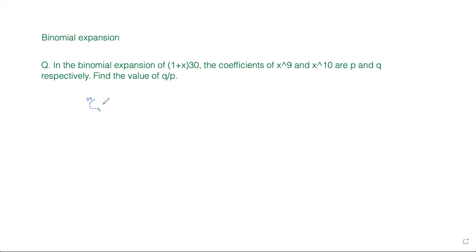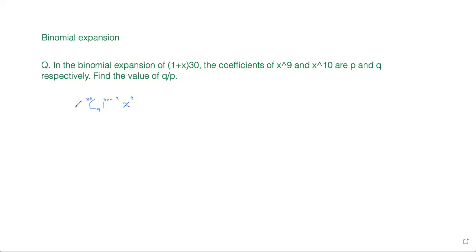For example, we have this expression, and we need to find the ninth term, where the power is 30. In that case, the first term, which is 1, will have a power of 30 minus 9, and the second one will have x power 9. Isn't it?